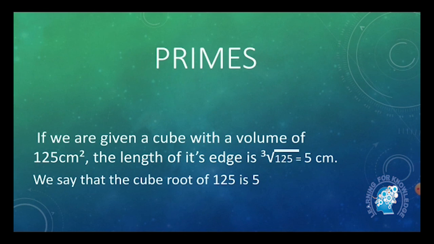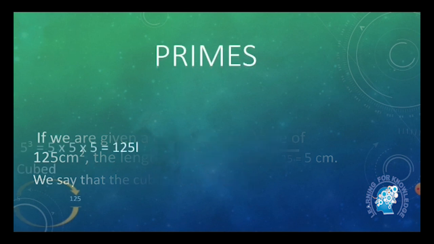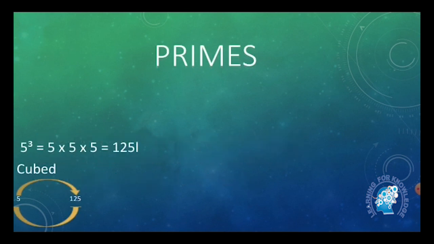So we will call it the cube root, which will equal 5 centimeters. We say that the cube root of 125 is 5. Now these arrows show that 5 cubed equals 5 multiplied by 5 multiplied by 5, which will equal 125. Now these arrows show you the formula of the cube.